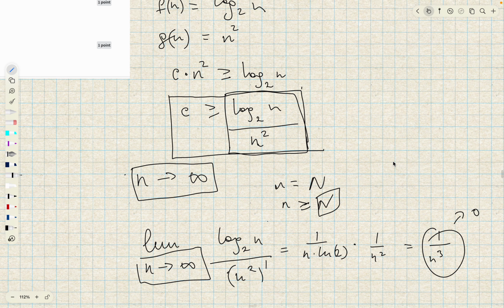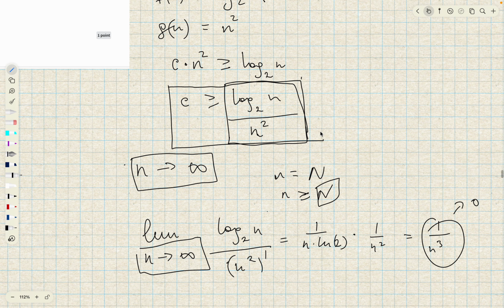So as n grows, if this part gets closer to 0, then we can definitely find c that will be bigger than this, because at some point we find c, let's say, and as we increase n after that point, this part will be smaller and smaller and smaller. So c will still be bigger than this division.